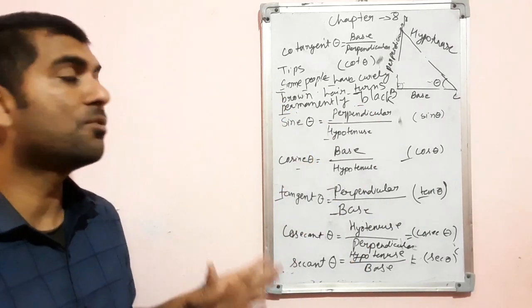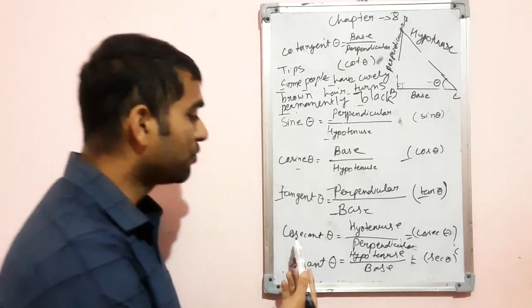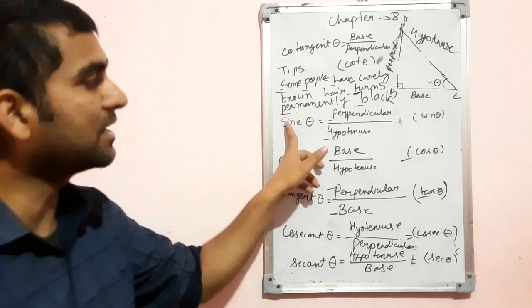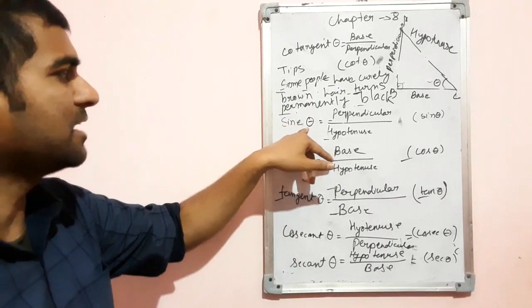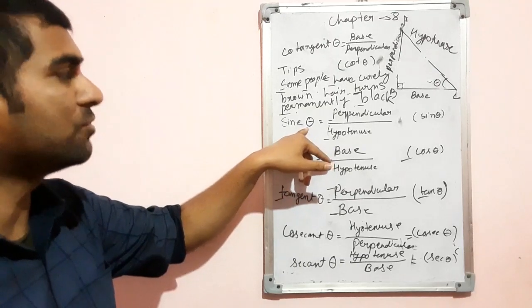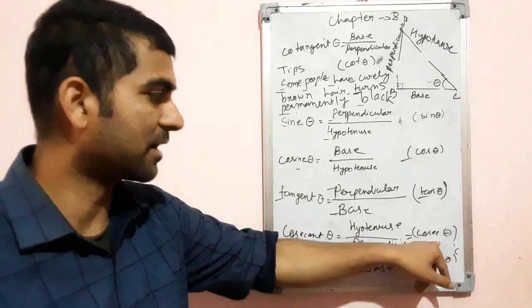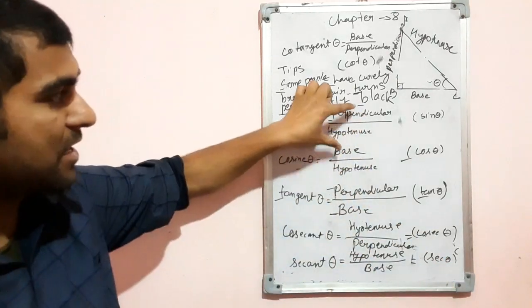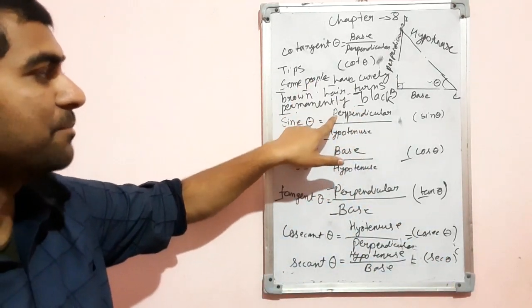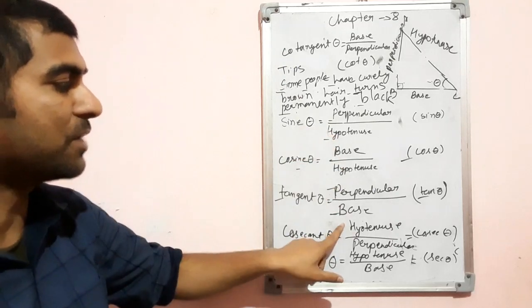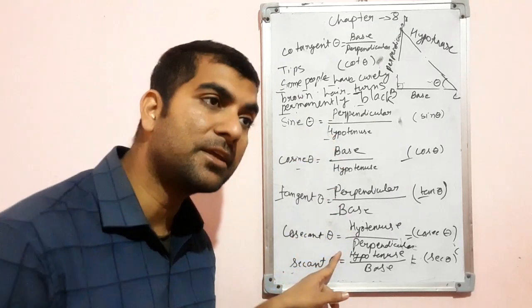Clear? So now how to learn the other things? Cosecant and secant. If you know sine theta, just find the opposite of sine. You try to learn it as cosecant or cosec, right? And you just find the inverse. So sine theta is perpendicular by hypotenuse, so it will be hypotenuse by perpendicular.